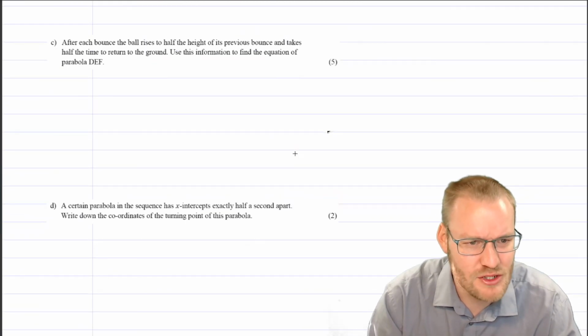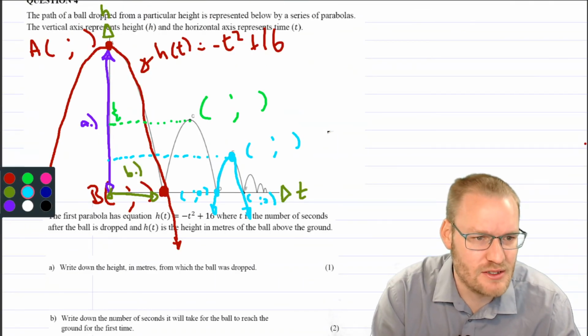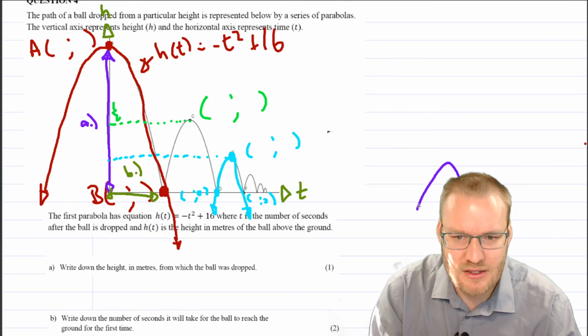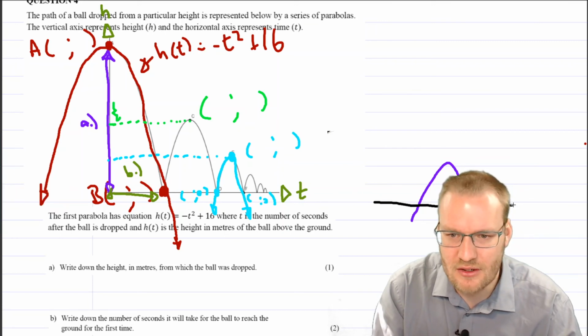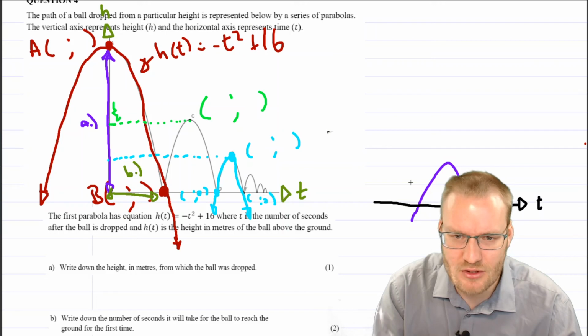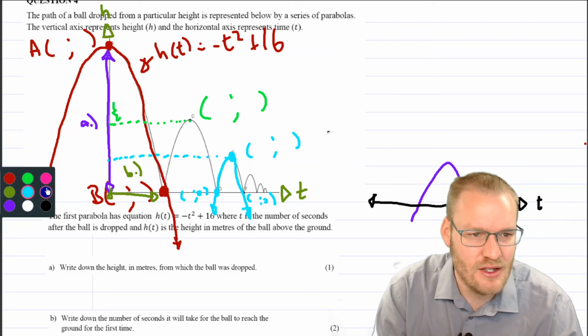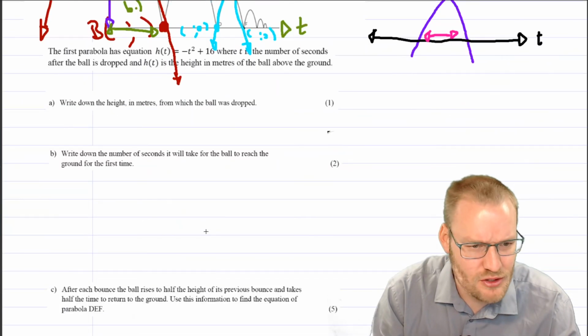And I think there's one more question. A certain parabola in the sequence has x-intercepts exactly half a second apart. Write down the coordinates of the turning point. Okay, so what it's asking is it's saying one of these parabolas is going to look like that. Its x-intercepts, so if we drew, just interested in the x-axis, which I've called the t-axis, it's saying that this distance between is going to be, I'm just going to scroll down and double check.